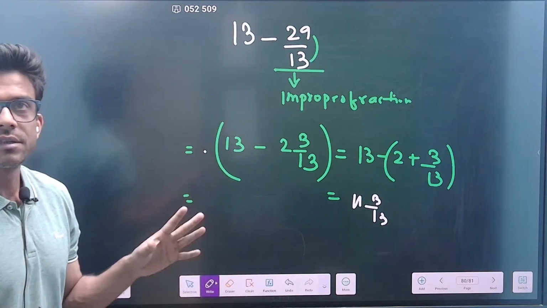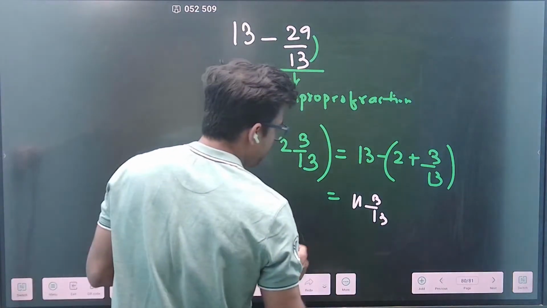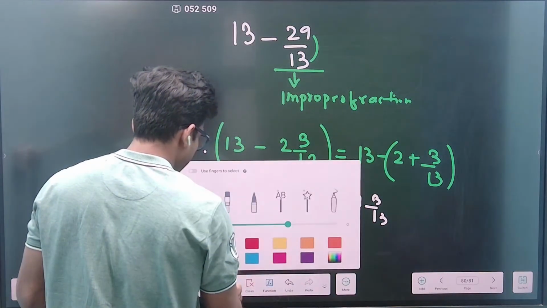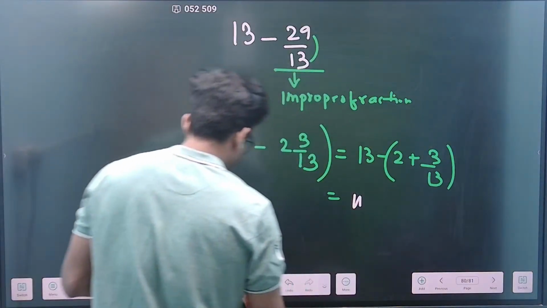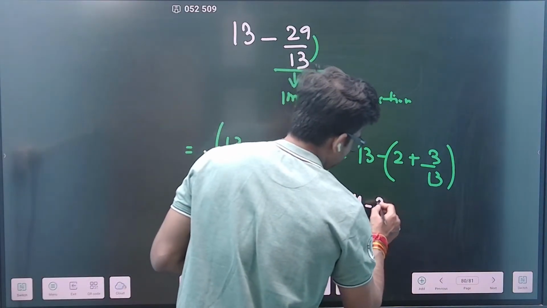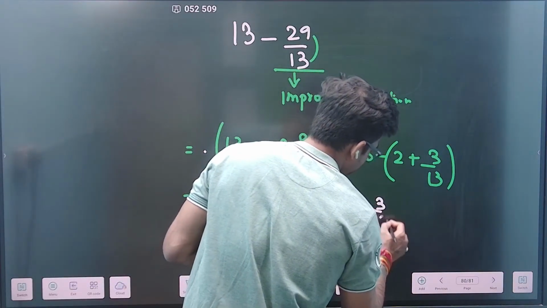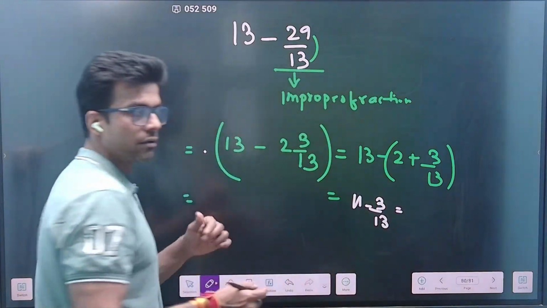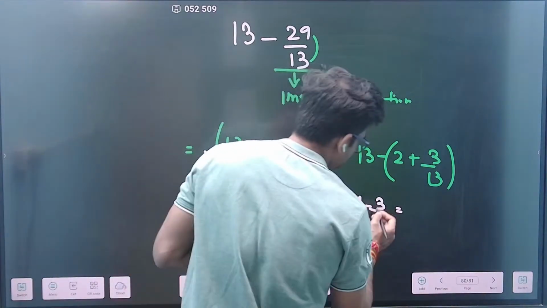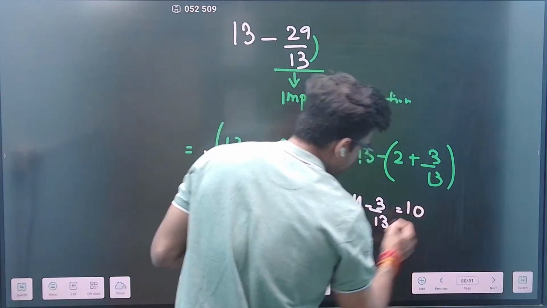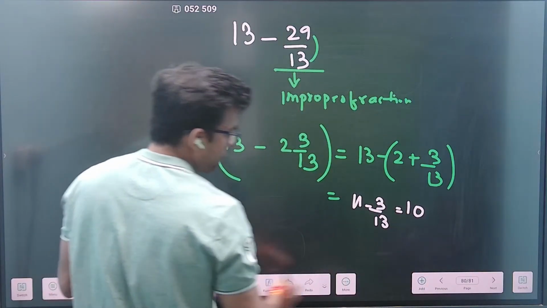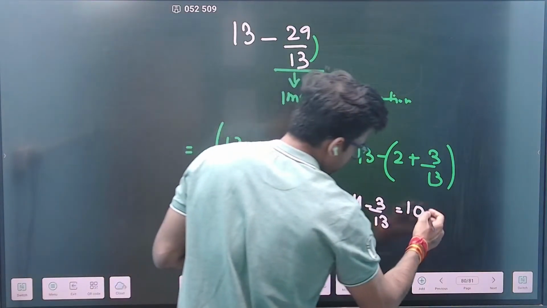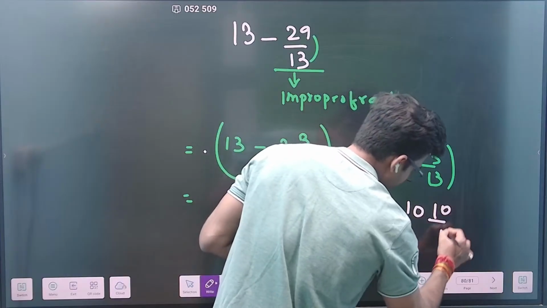If you subtract, this will be minus 3 by 13. Then I need to subtract: 11 will become 10, and 13 minus 3 is basically 10. 10 by 13 is the answer.